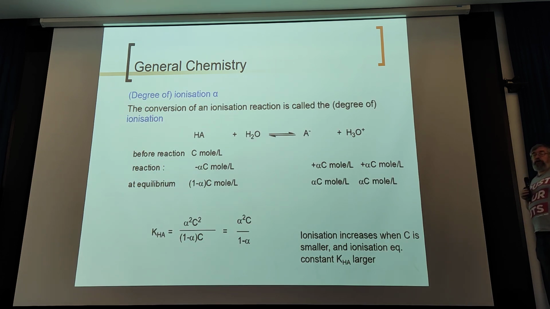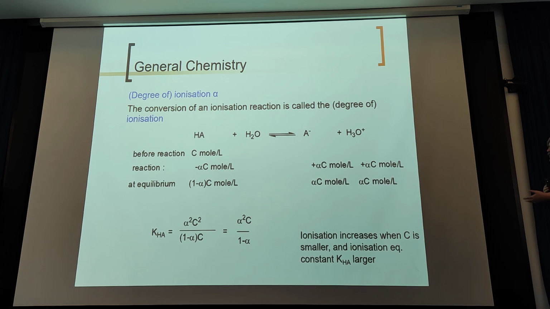Now, it's an equilibrium reaction, so we can look at the degree of conversion. In the case of such a reaction, it's the degree of ionization: how many ions are actually forming. These are weak acids and weak bases in general that we are considering, so alpha will be relatively small, a lot smaller than 1.